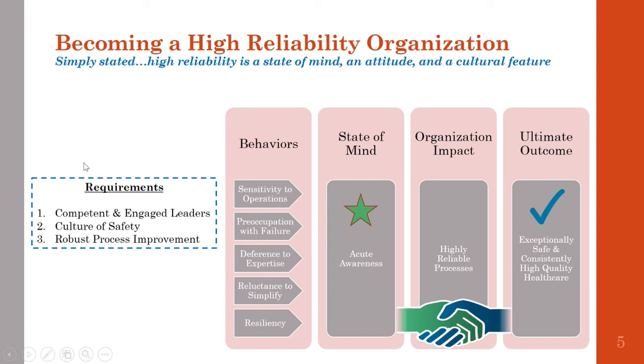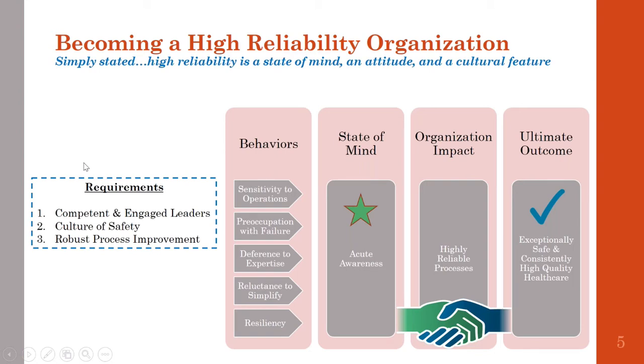state of mind. And I want to mention that many places that are starting to talk about becoming a high reliability organization talk about it in terms of a landing pad or an achievement or a place to be or something to acquire. And that is not what high reliability is.